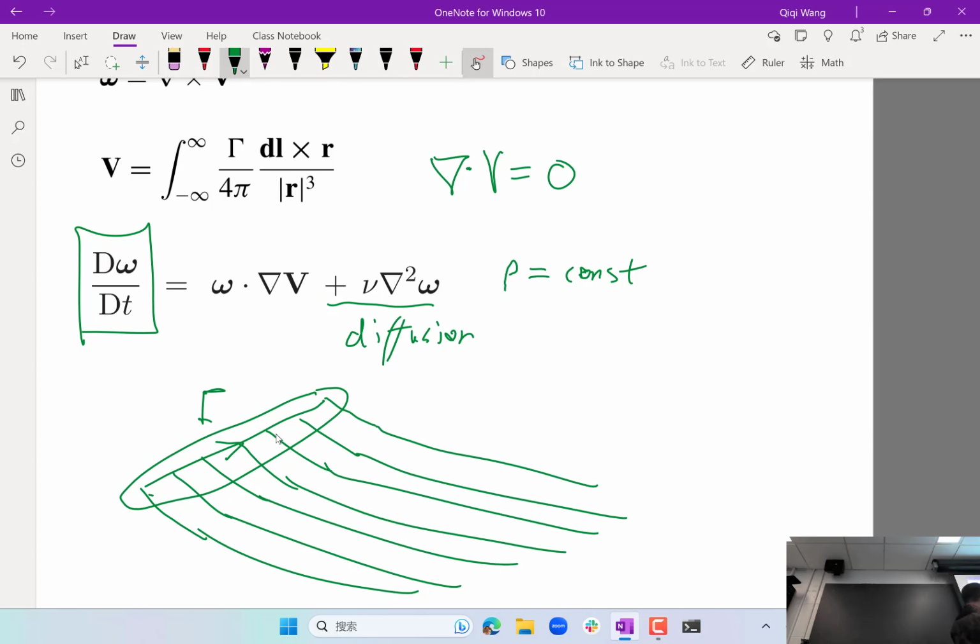Okay, now if you think about this curved vortex, we know a straight vortex does not induce any velocity on itself, but a curved vortex does. If you think about the effect of this segment on this segment, it is not zero. What is the effect of this segment on this segment?